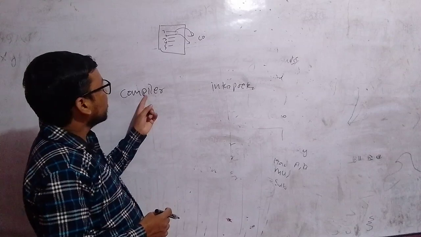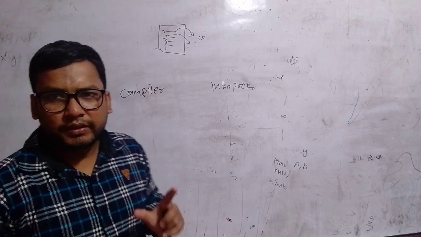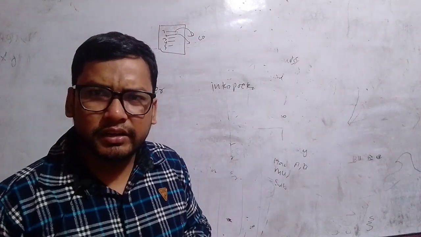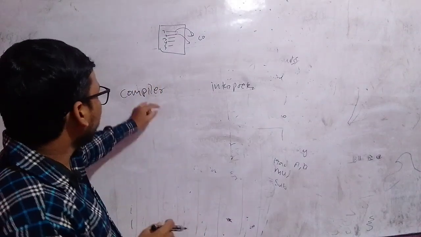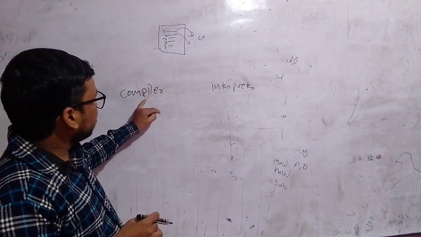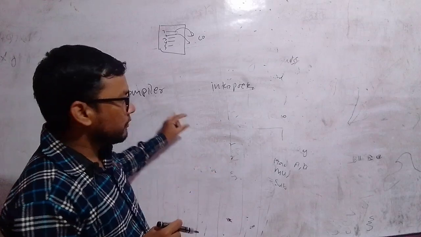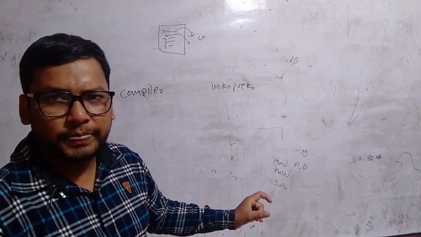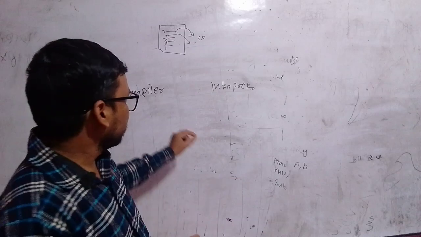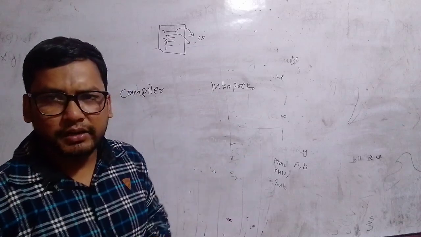Now in the compiler, the instructions will be executed after the compiler translates the whole program into the machine code. After translating it, the execution will start.